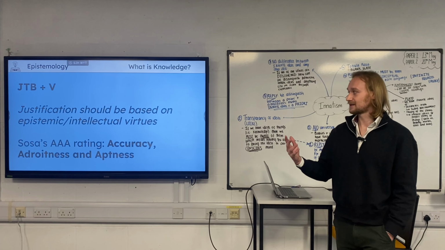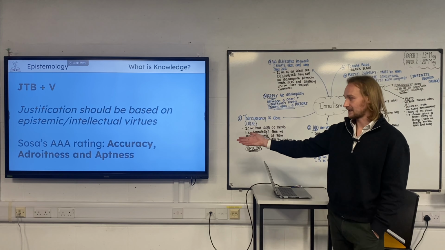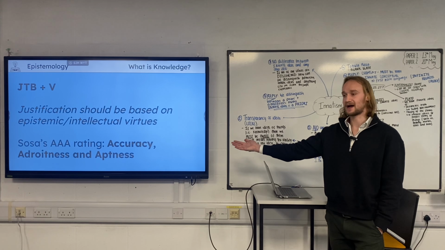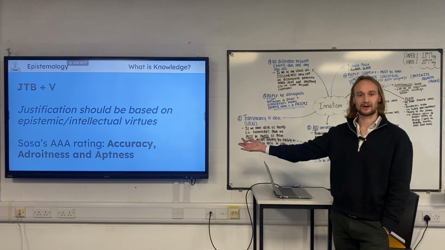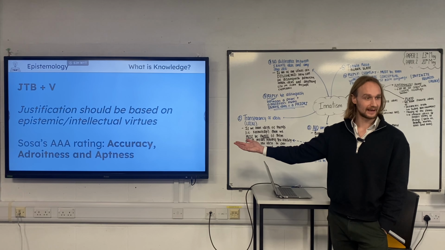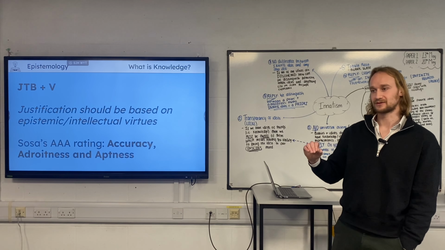Now this solves many of the Gettier cases, because what we see is that many of the Gettier cases where you come to a justified true belief based on luck doesn't have this last criteria of aptness. Because if you come to a justified true belief and we want to consider that knowledge, it's also probably got to be apt. Apt meaning it's right because of the intellectual skills you've used.